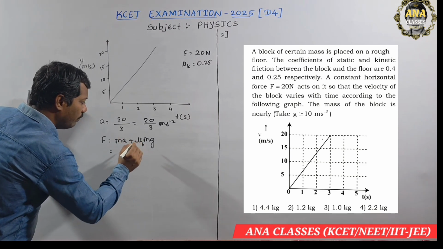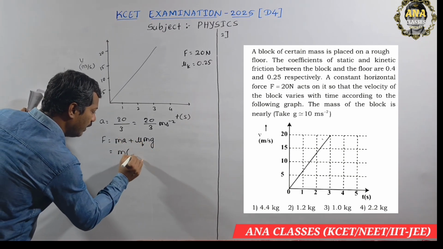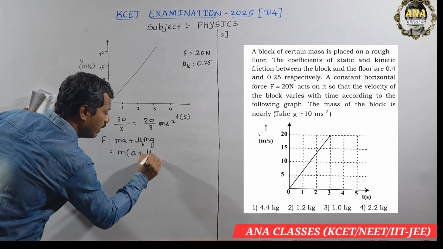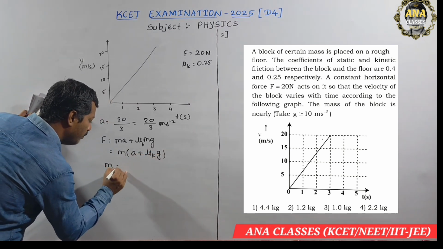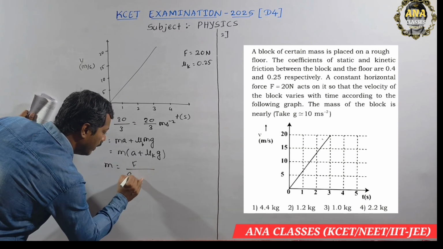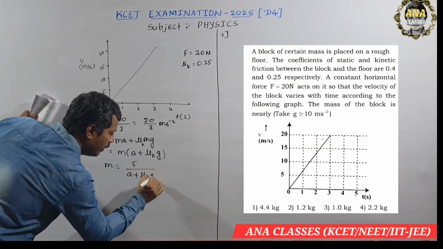So we want m here. M take common, a plus mu k into g. We want the value of m. M is equal to F divided by a plus mu k into g.